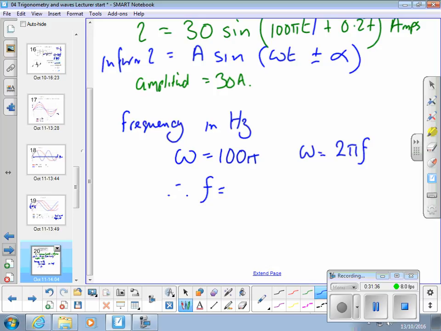That's 2 times pi times f. So if we're multiplying, how do we get that over the other side? We've got to divide. So f is equal to omega divided by 2 pi. That's 100 pi. Remember what I said about pi's cancelling each other out? The 2 pi's cancel out. 100 over 2 is 50 hertz.